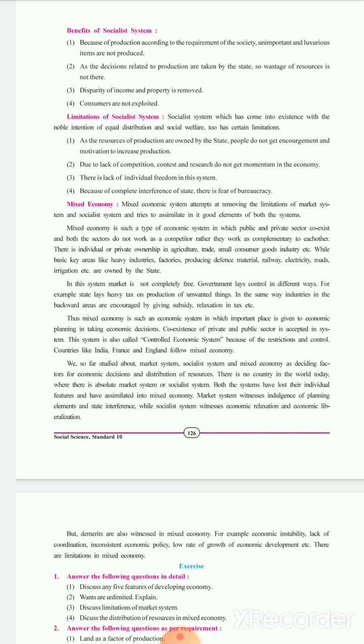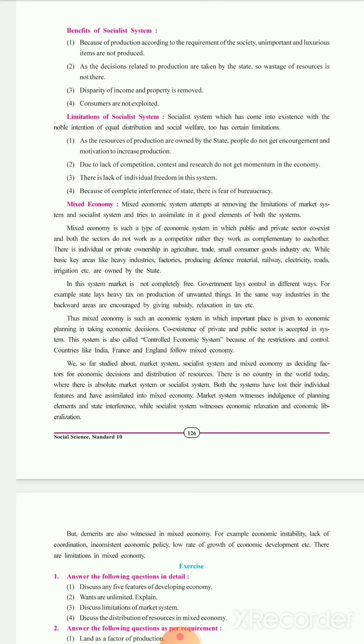So mixed economy is that type of economic system in which an important place is given to economic planning in taking economic decisions. There is coexistence of the private and public sector and it has been accepted. So we can also call this system a controlled economic system.